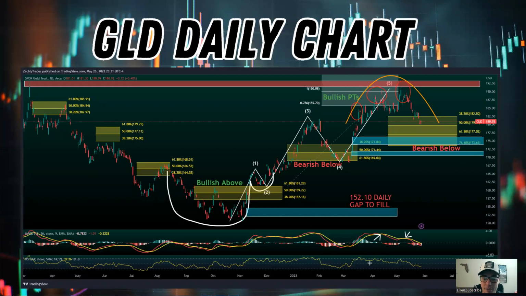But you look at your RSI, we have a high, we have a lower high, we have a lower high here as well. So we have this divergence, and in this case, a bearish divergence where price action is making higher highs and the RSI is making lower highs. This is a simple term known as bearish divergence, and it's an indicator you could see a pullback, and we are pulling back here in the price of gold.